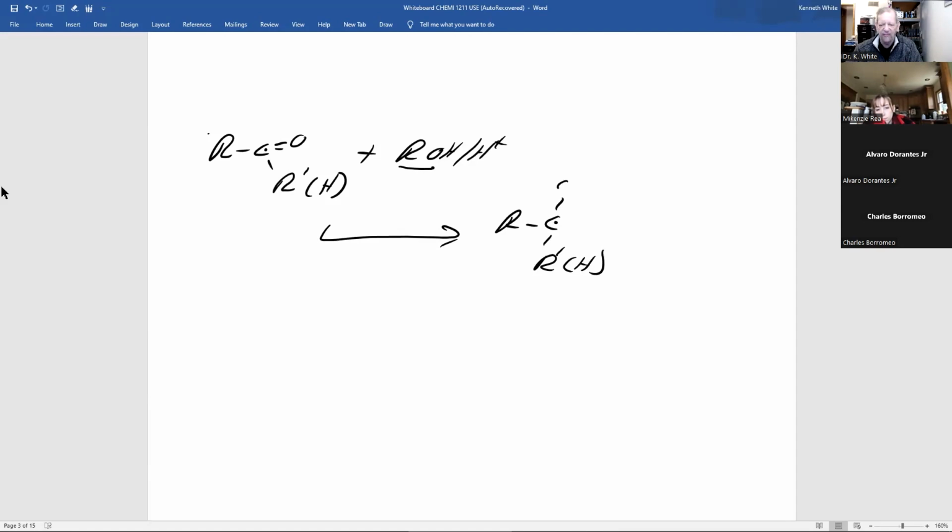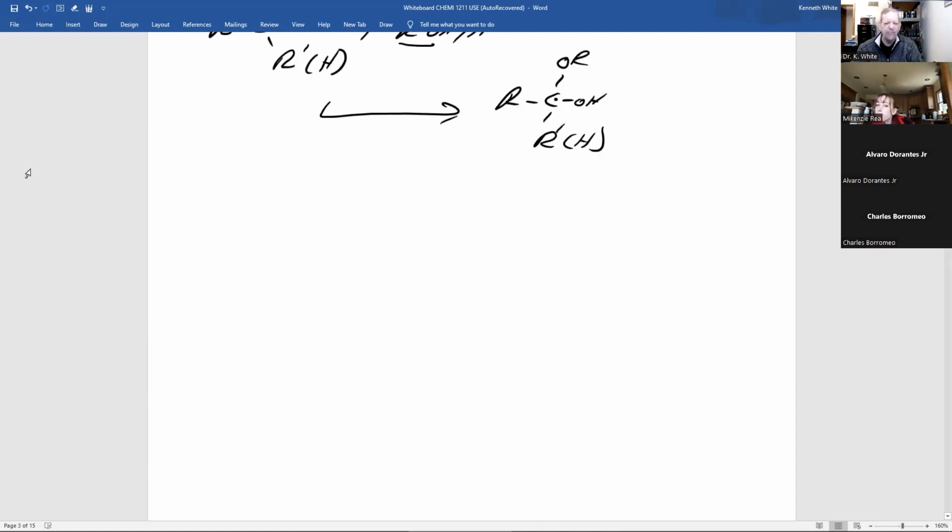This part goes there and you get a hydroxyl group and you form a hemiacetal or hemiketal. Now, normally I'd write the CH aldehyde here like this. But for right now, I'm going to write it like a regular organic chemist would draw an aldehyde.